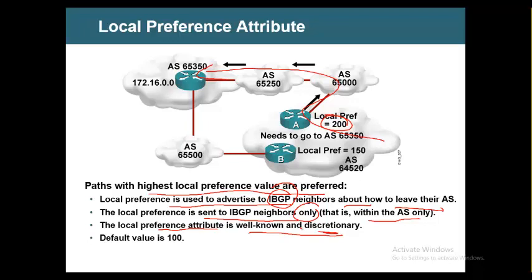So instead of calling it optional, we call it discretionary. The default value of local preference is 100.